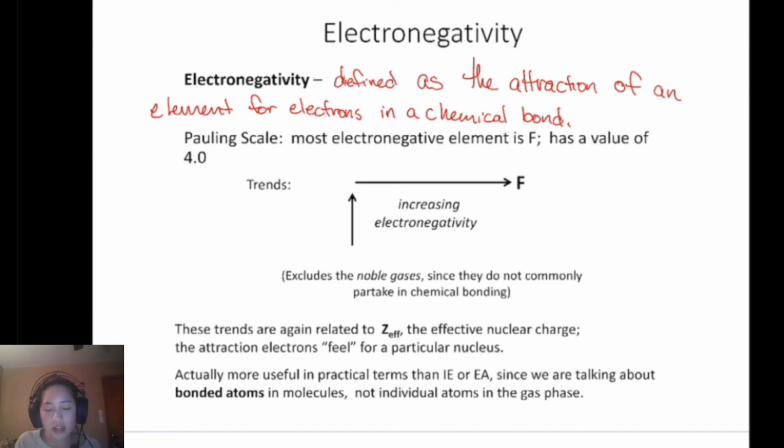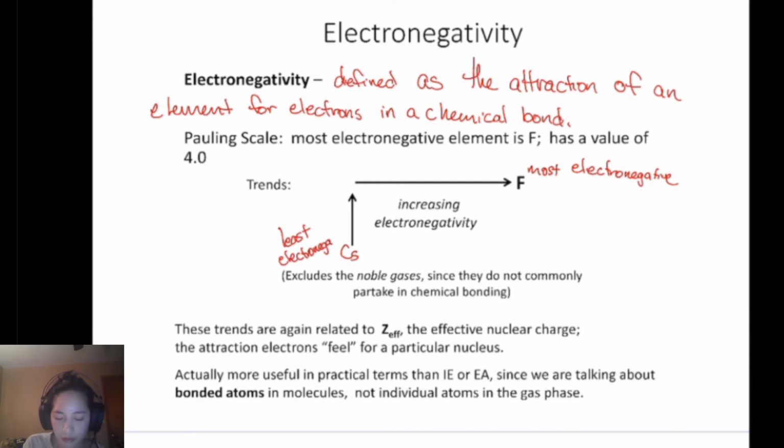So the trend with electronegativity in the periodic table is that fluorine is the most electronegative, and then cesium, which would be here on our generalized periodic table, would be the least electronegative.